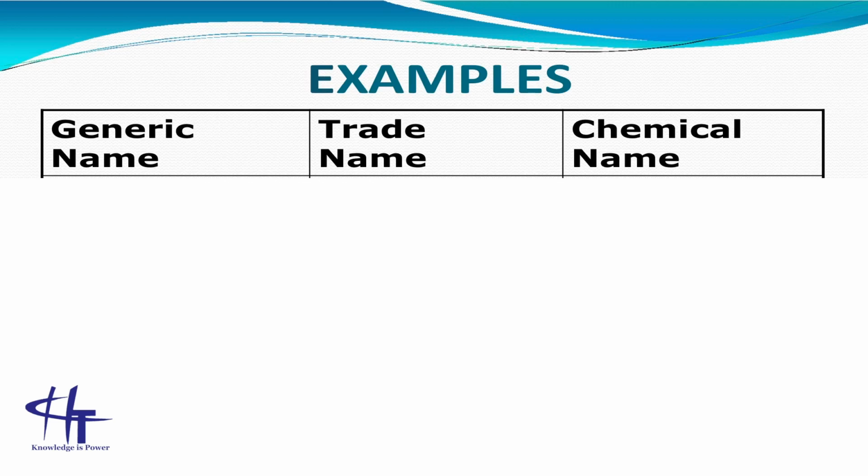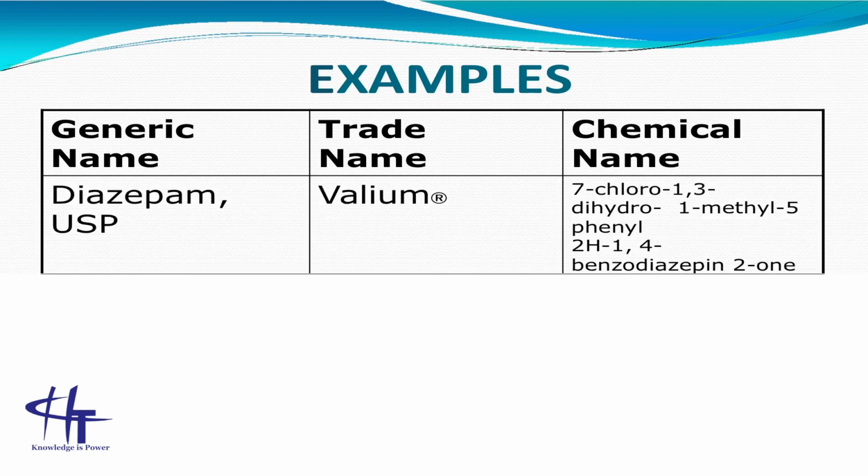For example, we have a drug called diazepam, and that is its generic name. Now, one of the trade names, remember I told you it depends on the manufacturer: one manufacturer calls it Valium.